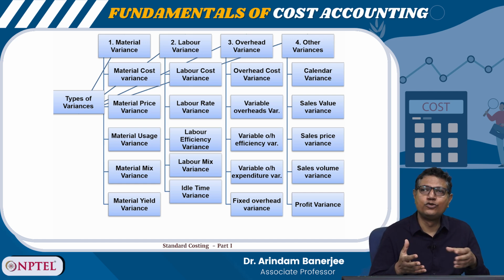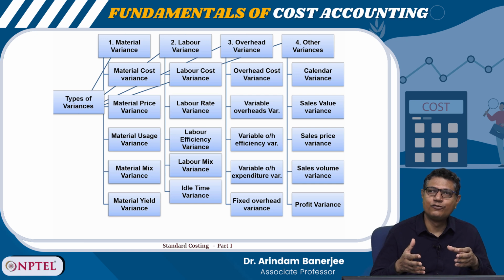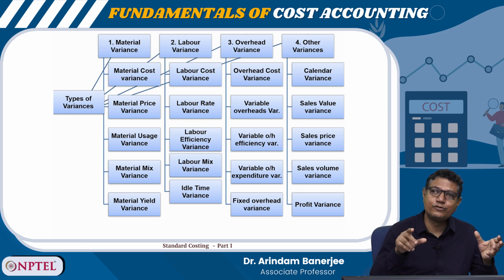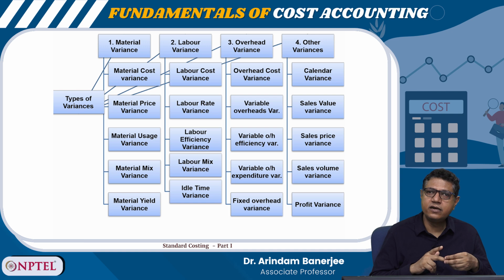So why is it so? The question is why my profit is different from what I estimated under standard conditions. The answer to that question is the key to the corrective actions the company is going to take for better performance. So standard costing is actually a very important tool for performance measurement and control.